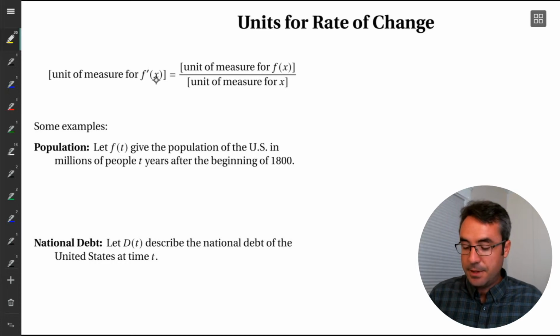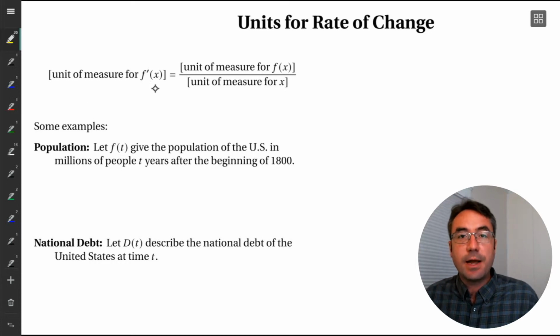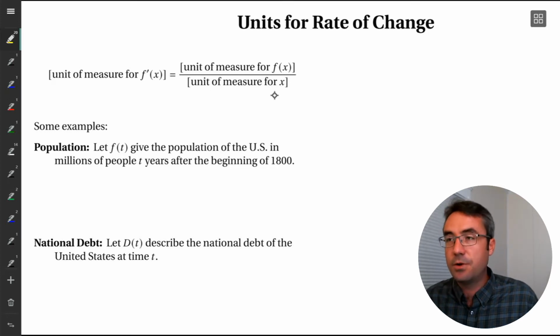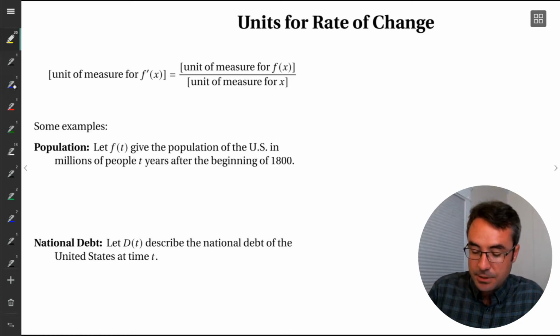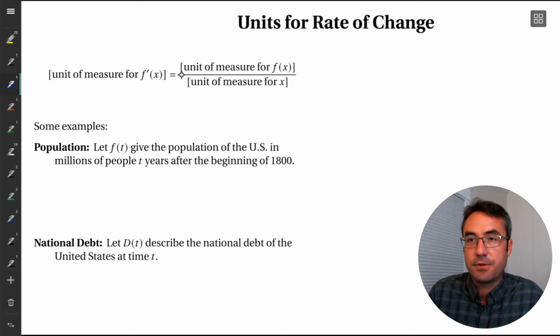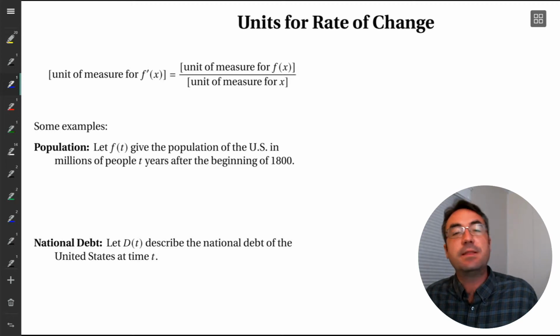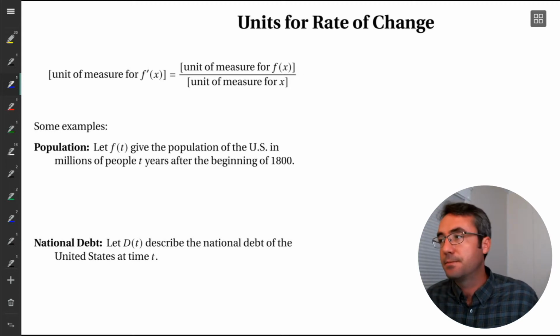So it turns out the unit of measure for f prime is the unit of measure for function f divided by the unit of measure for input x. And a lot of times the way we read this division, this quotient, we read that line as per.